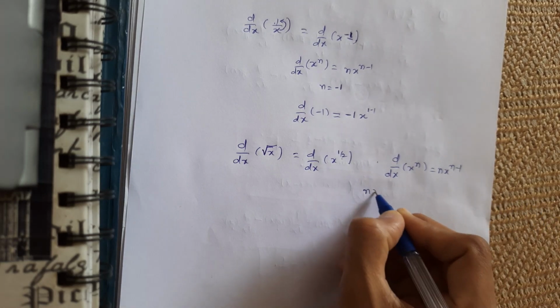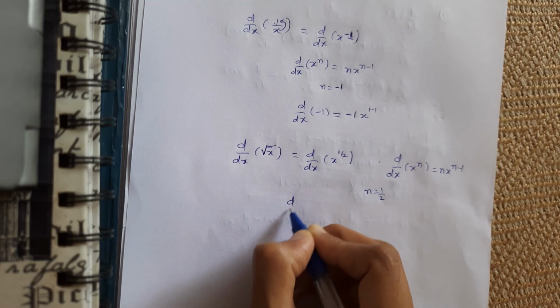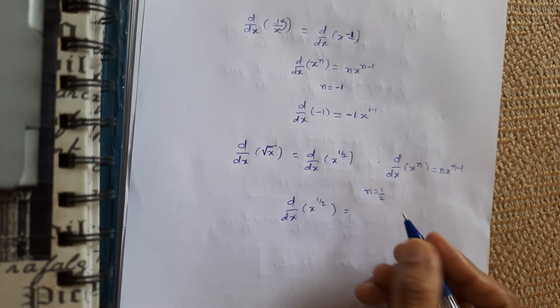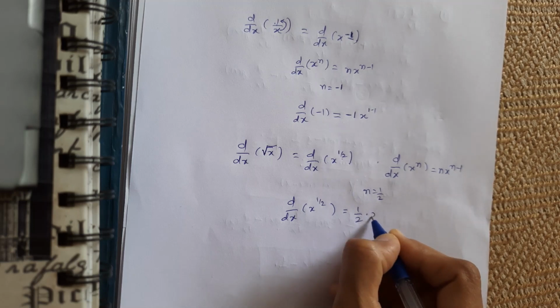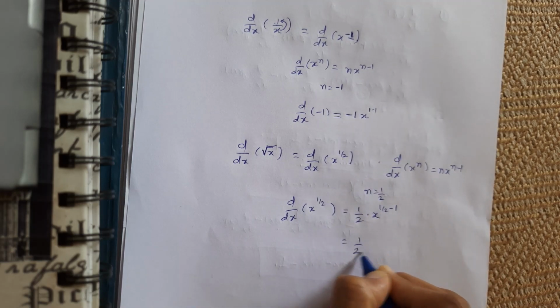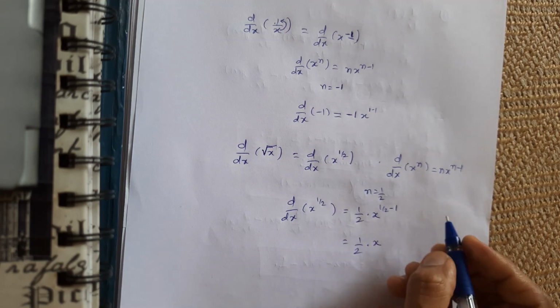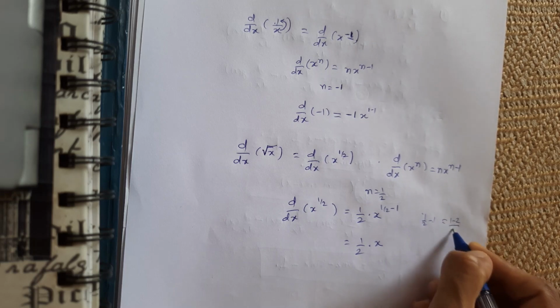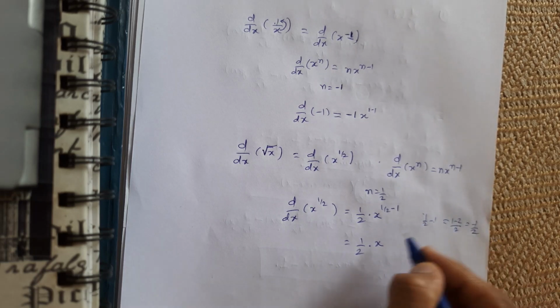Now put n equal to 1 by 2. What will I get? d/dx of x to the power 1 by 2 equals 1 by 2 into x to the power 1 by 2 minus 1, which is 1 minus 2 upon 2, that is minus 1 by 2.